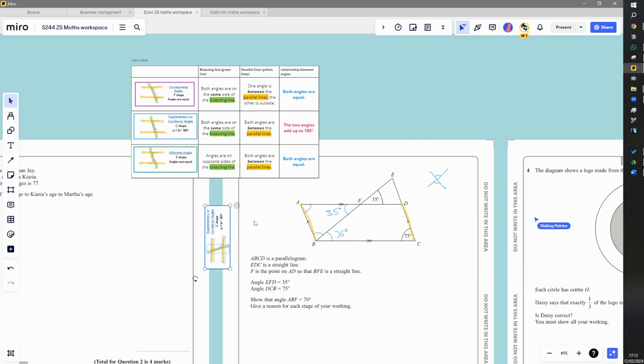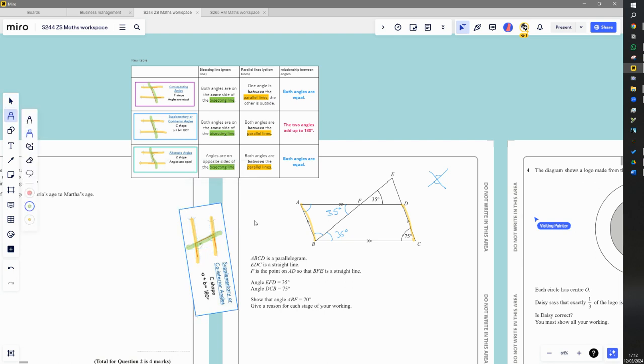If I rotate it, it's a bit easier to see that. And maybe if I turn it, it's a bit difficult to see, but now in this part, I'm treating that line there as the line that's cutting these two parallel lines, and so I'm seeing that this angle and this angle are co-interior, which means they will add up to 180.